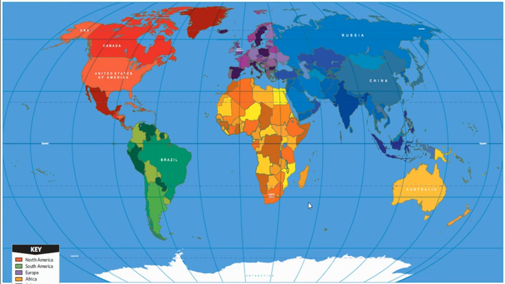Now, here's a map, which is back to being a flat map, but we're going to use this one to look at the main latitudinal lines in the world. Now, you already know about the equator, and the new ones we're going to talk about a bit more today is the Tropic of Capricorn, which is 23.5 degrees south of the equator.